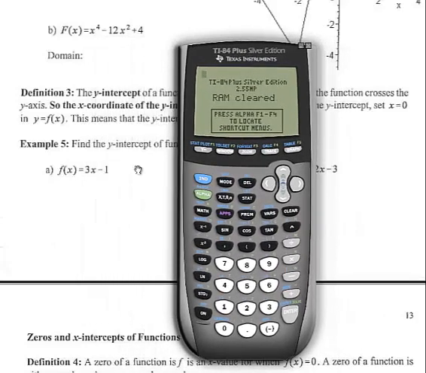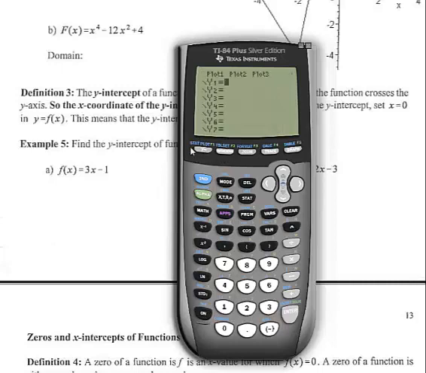Okay, so here we go. I want to graph this function x to the fourth minus 12x squared plus 4.